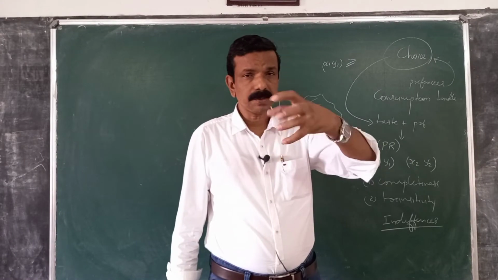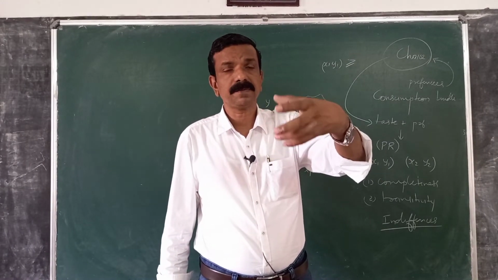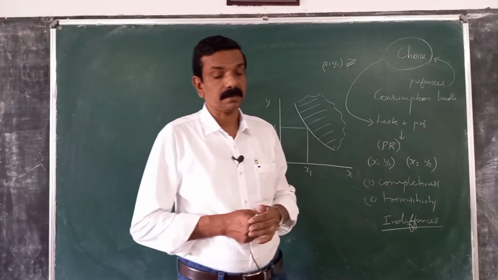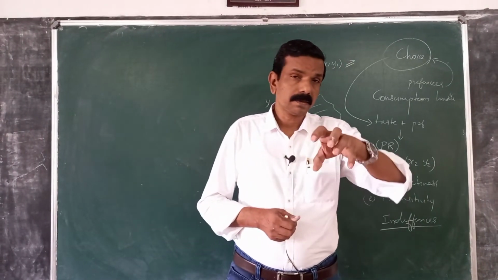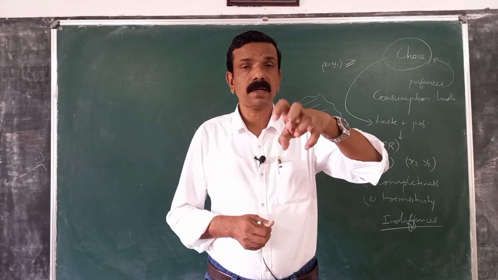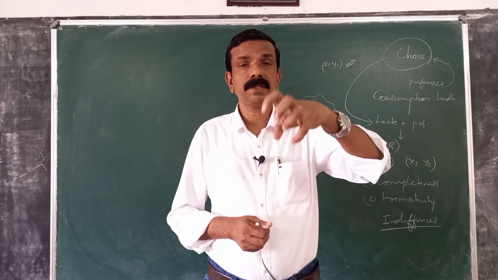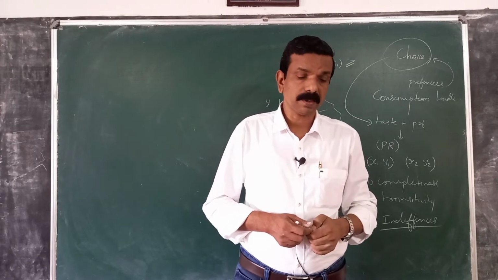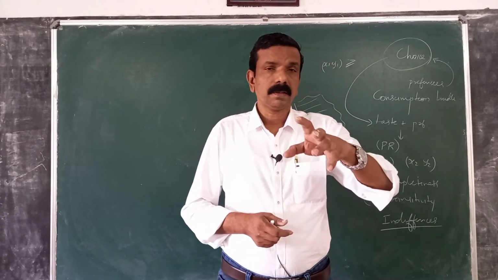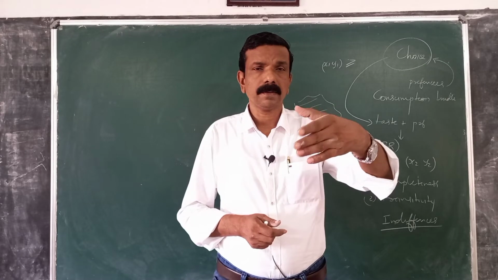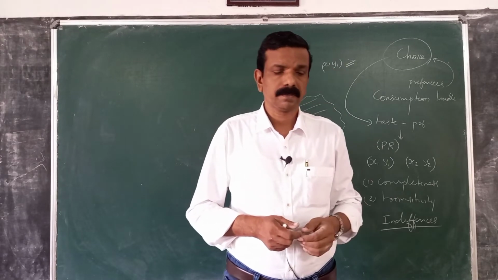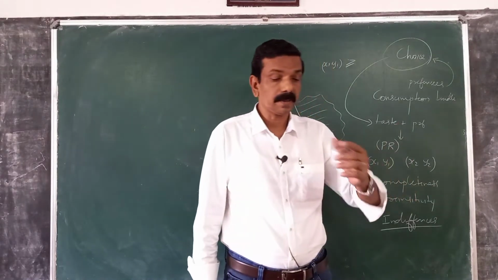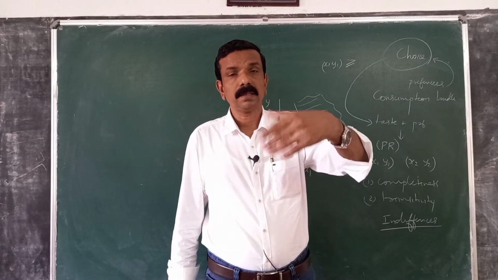But the choice problem can be specified using a graphical device known as the indifference curve. Remember this. How do you deduce information about the preferences of the consumer? One procedure is to conduct a survey, but it will be hypothetical.